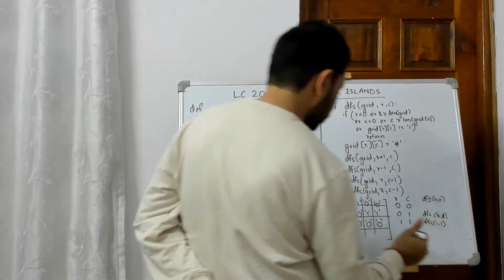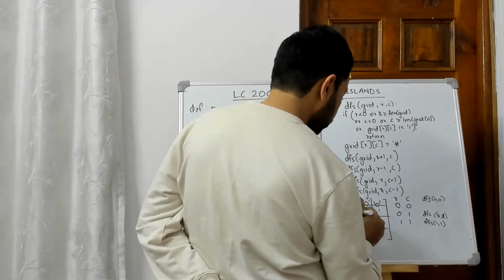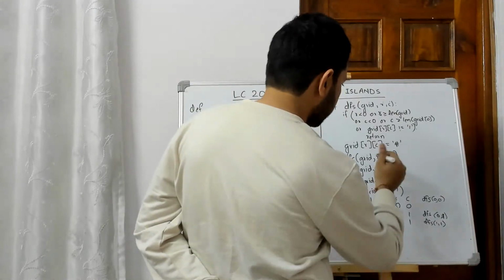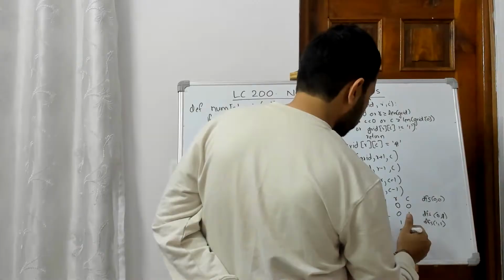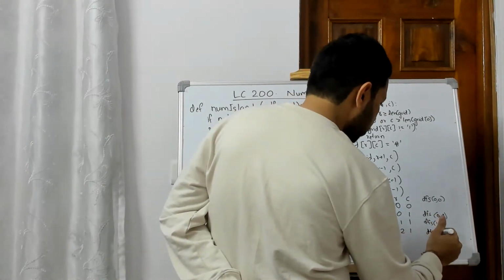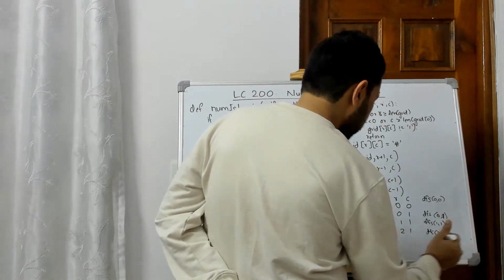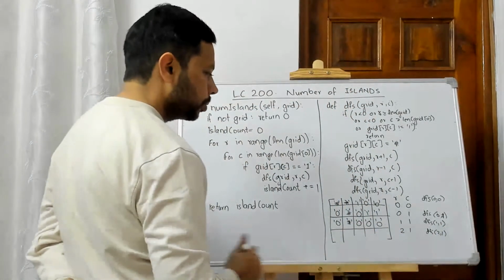Once you do the DFS of 1 comma 1, you again set this as hash, and then you go one step further. You go to R plus 1 and C, in which case 2 comma 1, and you do DFS of 2 comma 1. Now 2 comma 1 is here, and you set it up as hash.